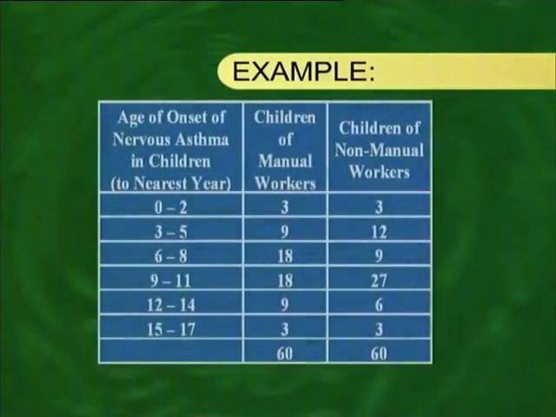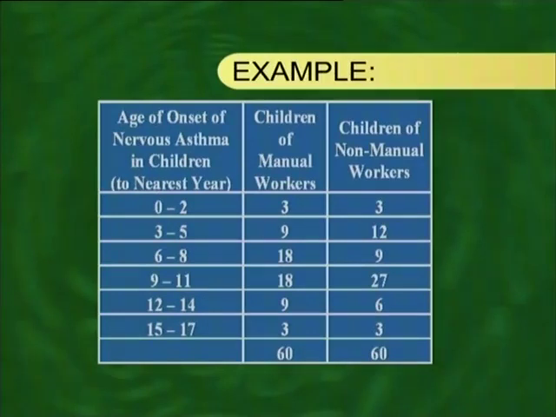Let me explain this point to you with the help of an example. Suppose that we have data regarding the age of onset of nervous asthma in children, and we have this information regarding two categories of children, children of manual workers and children of non-manual workers.